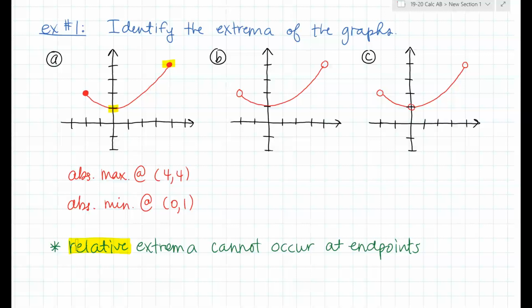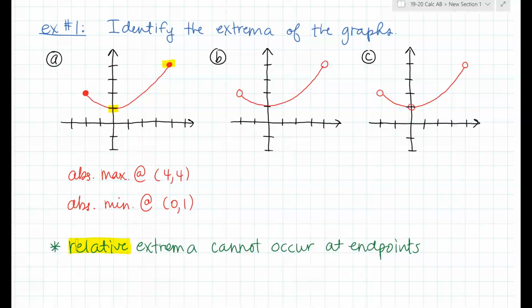The reason why I'm telling you it can't be relative, and we'll figure it out a little bit later, is that in order for something to be relative extrema, it must show that it was either increasing and then decreasing after the point, or decreasing and then increasing. You have to be able to show that the graph was going up and down or down then up at that point.